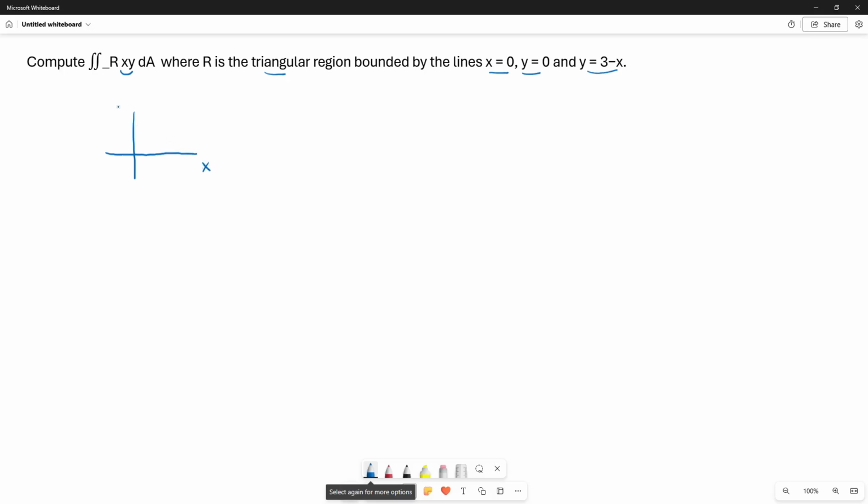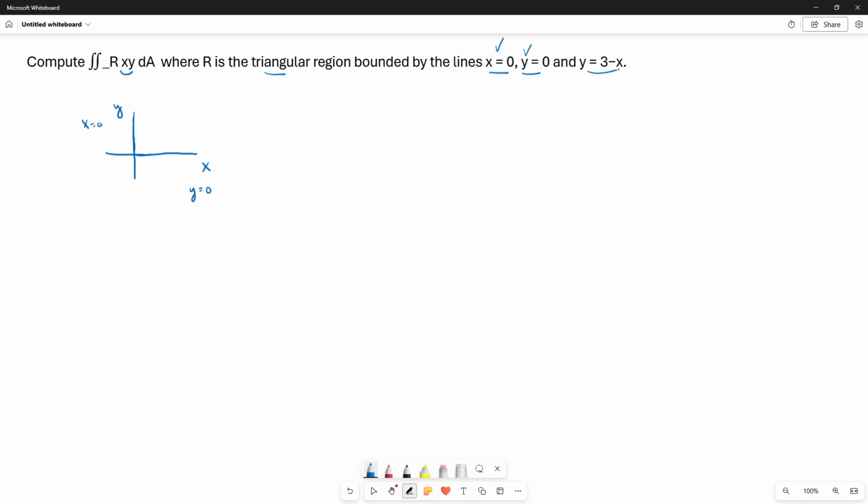Here's the x-axis, here's the y-axis. The x-axis is the line y equals 0, and the y-axis is the line x equals 0. So that takes care of two of the boundaries, they are just the axes. And then the third boundary of our triangle is y equals 3 minus x.